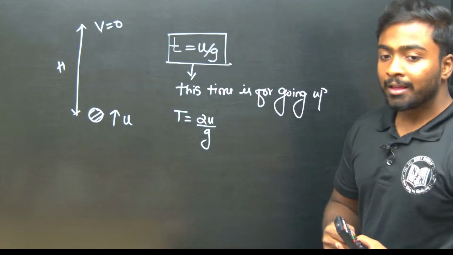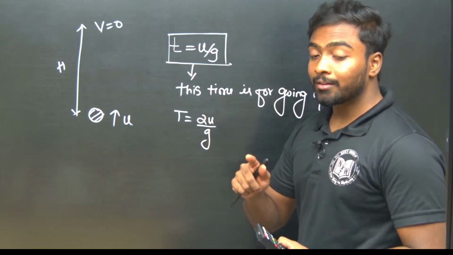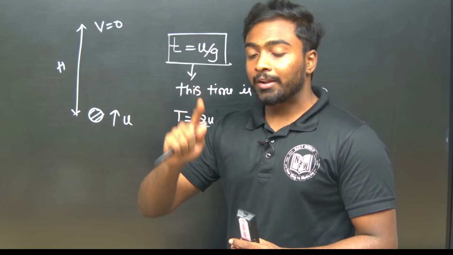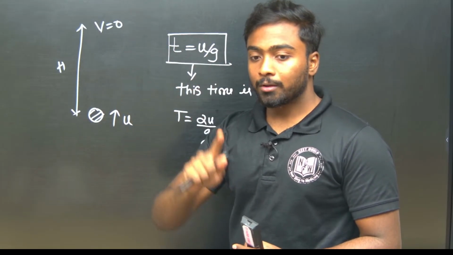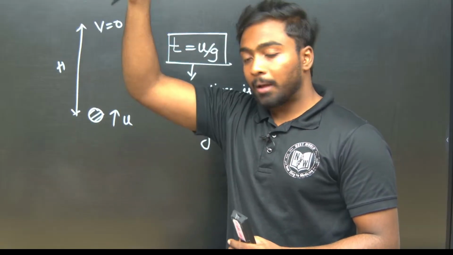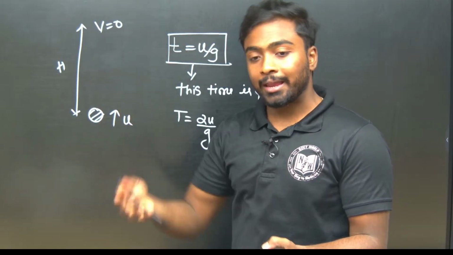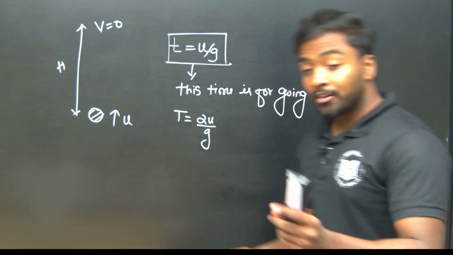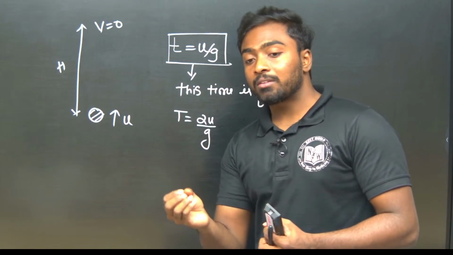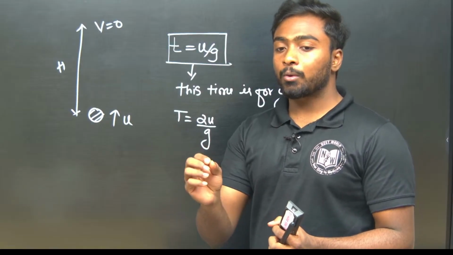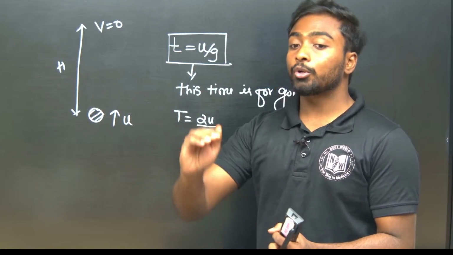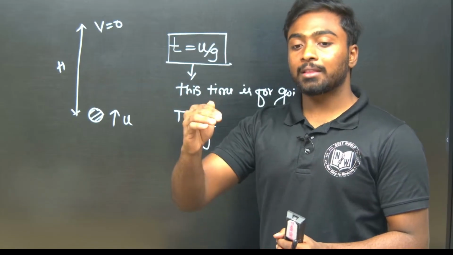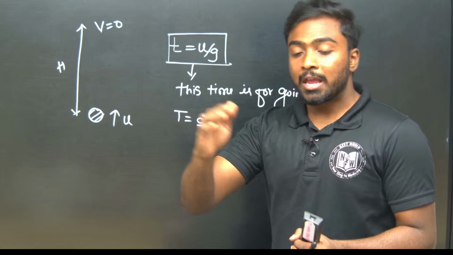The thing is, we should consider time in the positive case. When I throw the object, gravitation is negative, opposing, but when it drops down, gravitation is positive. Whenever you are throwing with some velocity like u equal to 10 meter per second, it will go to some height depending on the velocity you apply. If you throw with 100 meter per second, it will go to some other height.